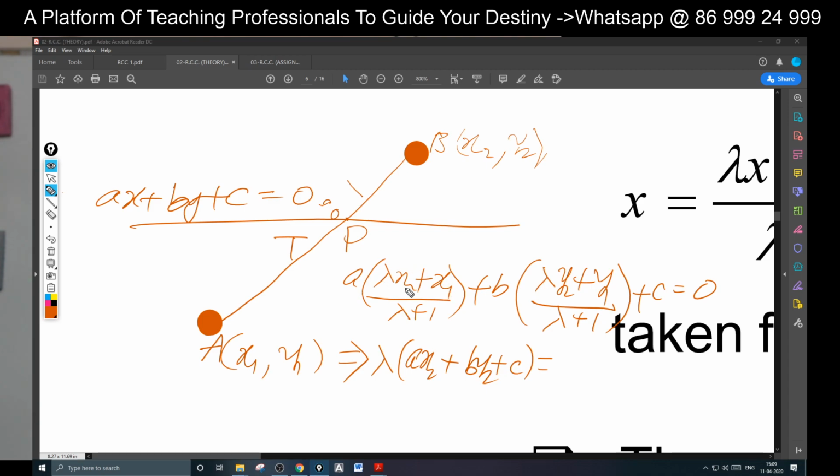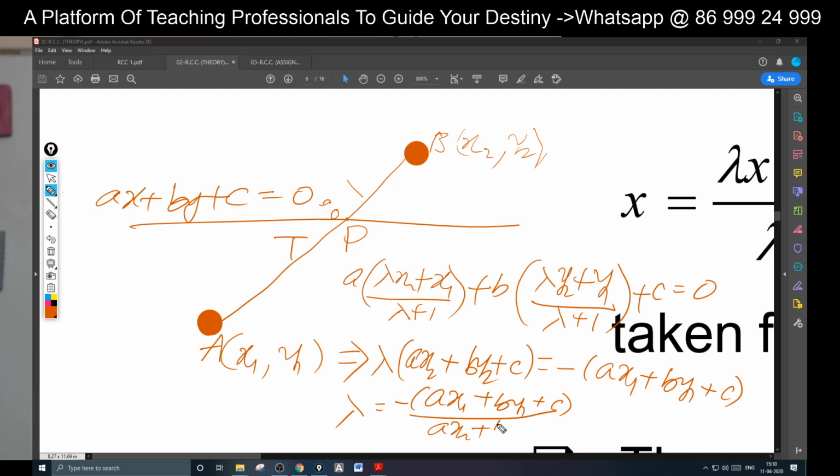Ax1 is there, By1 is there, plus C is there. So that is transferred to that side and you will get minus of (Ax1 plus By1 plus C). Then what is lambda here? The formula we have seen now: minus of (Ax1 plus By1 plus C) divided by (Ax2 plus By2 plus C).